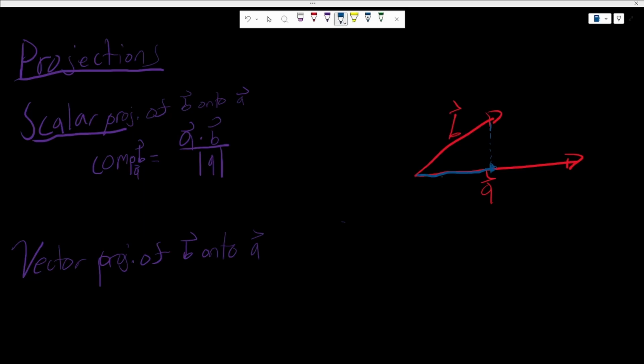And now let's say we did actually move vector B. What would that vector be? Now we have an actual magnitude and direction instead of just the length, so we want to know the actual vector.